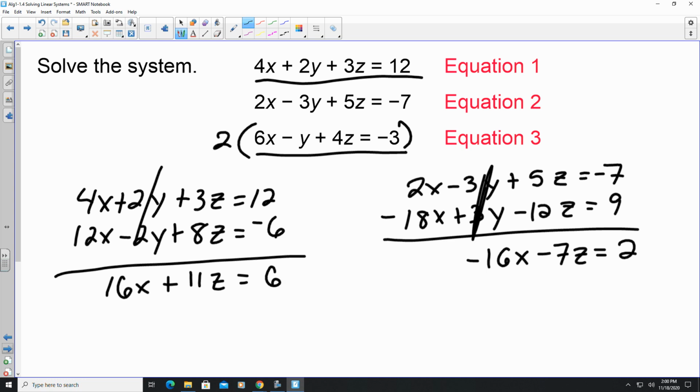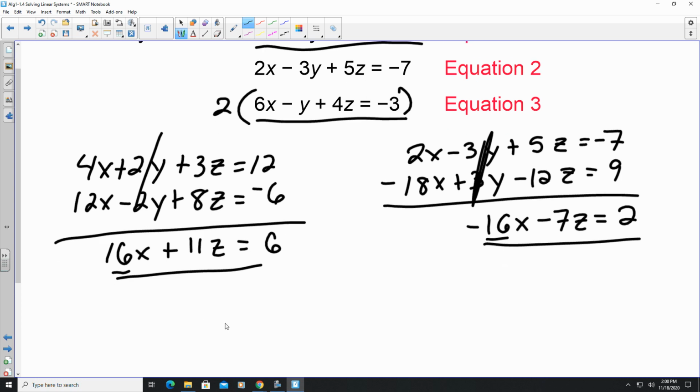6. All right, so now I'm going to look at these two equations. And I get to choose to eliminate another variable. It doesn't always happen this way, but it just so happens that I have opposite coefficients of positive 16 and negative 16, so I don't have to do anything.